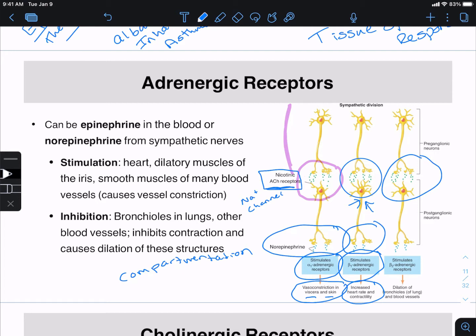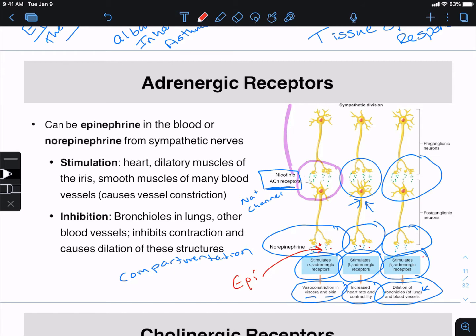acetylcholine binding to nicotinic receptors, triggering the release of norepinephrine, stimulating beta-2 receptors, and that's going to cause dilation of the bronchioles and the blood vessels, and where? Lungs. And so we get these responses. And then, of course, if I have epinephrine sneaking in here, either because we've got a little tiny bit of it released here, or because it just somehow by chance comes in through the adrenal system, we're going to be activating these same receptors.